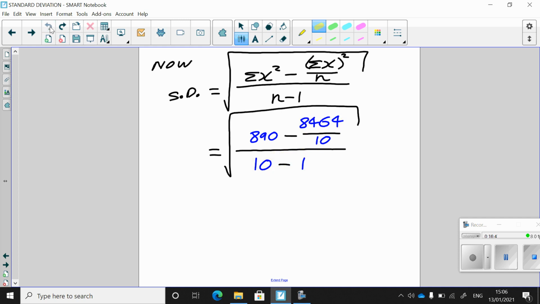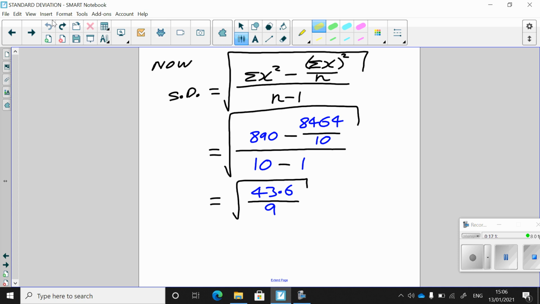Right. There's no point hurrying things up, so that's what I've got there. Right, I'm okay with that now. So things are starting to reduce a wee bit. So I'm going to finally tidy up that top line there. So 890 take away 846.4, and hopefully I get 43.6 over 9.